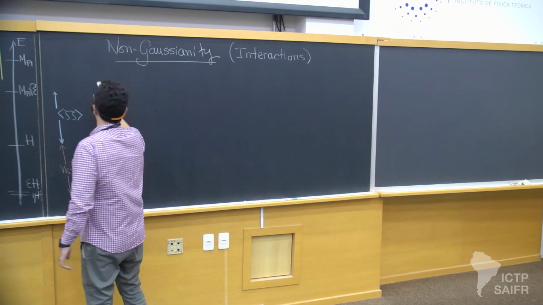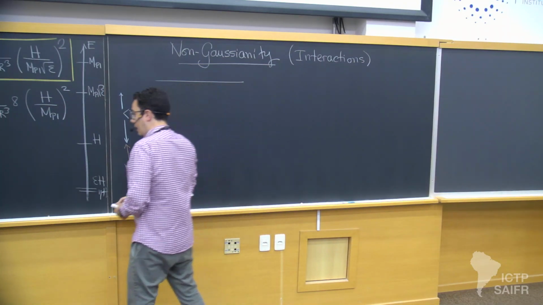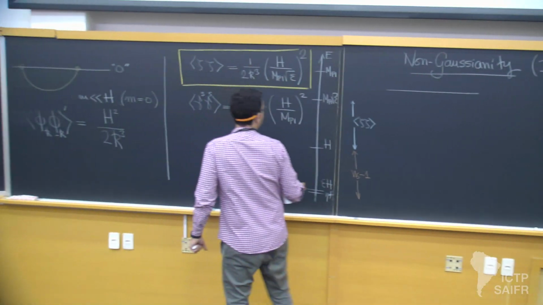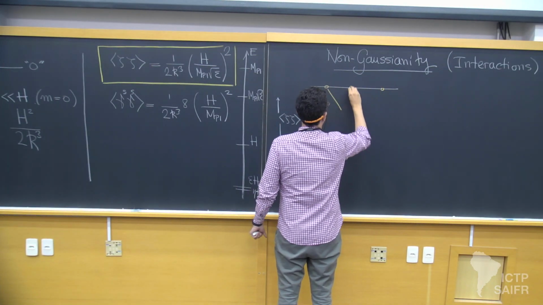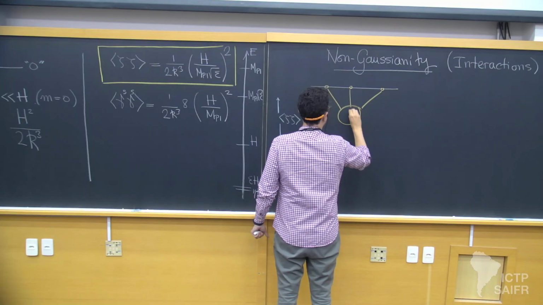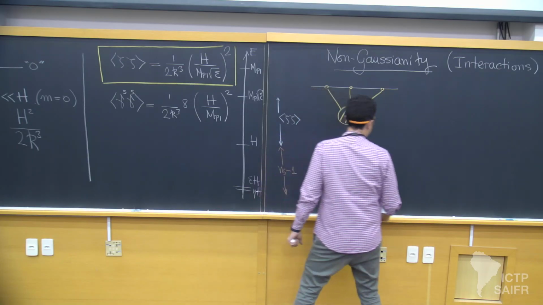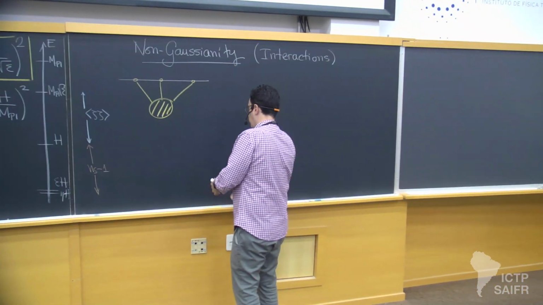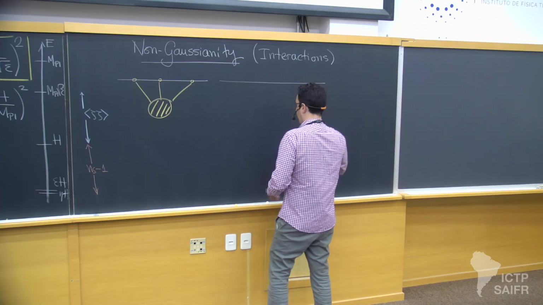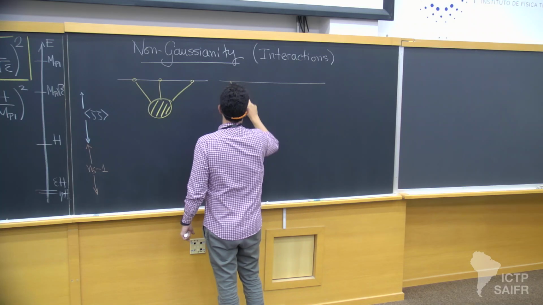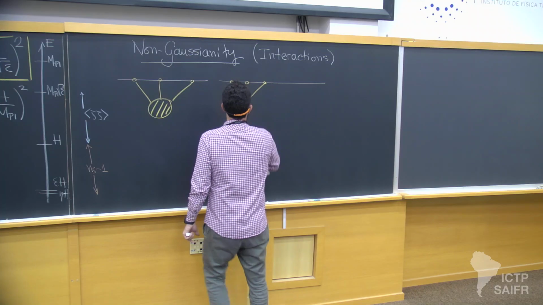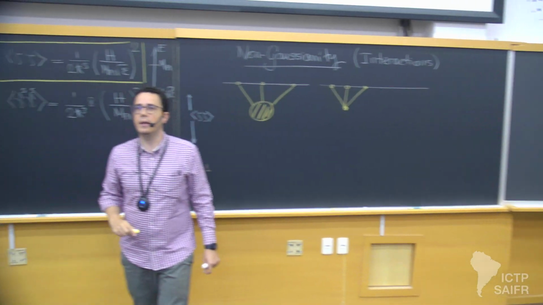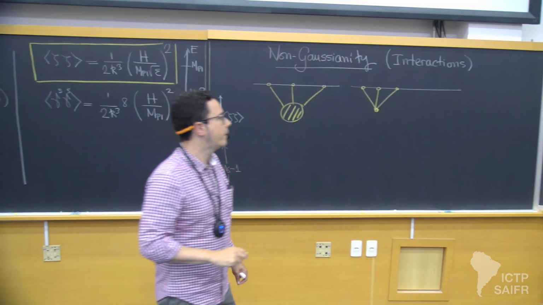So for example, you can have some interesting three-point function, and there are a few scenarios for what it could be. It could be just self-interaction, and we argued that this peaks around the equilateral limit, okay?